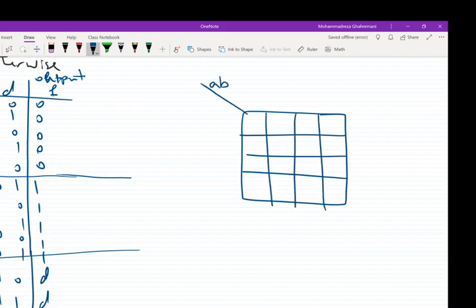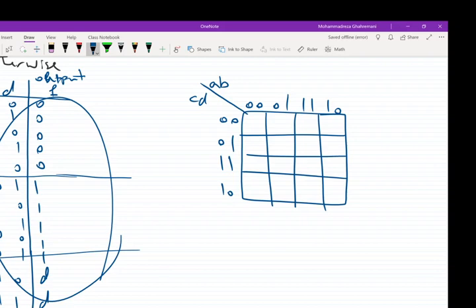We have A, B, C, D. Zero zero zero one one one one zero zero zero zero one one one one zero. Let's fill the table with this information.